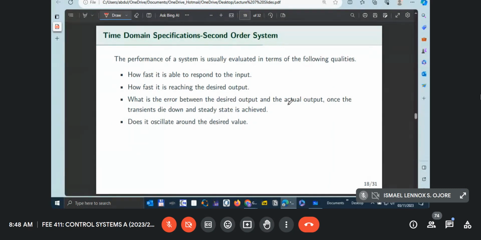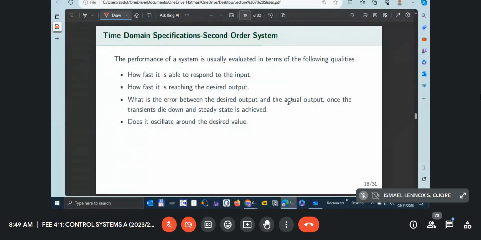So when we are designing this system, a designer might want to set a system to a certain value, so that you know how fast it will respond to an input or a desired output, and what the error is between the desired output and the input.